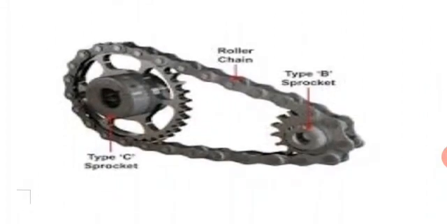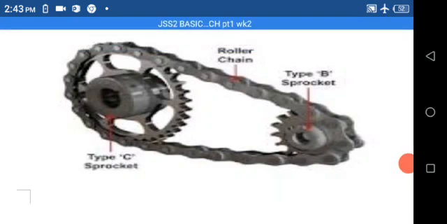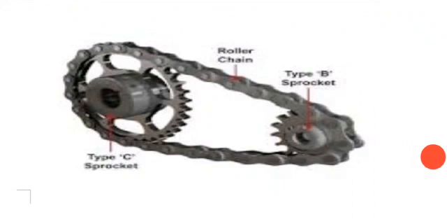The driven sprocket is the sprocket that is connected to the load side of the machine, and when the driver sprocket starts moving the driven sprocket, the driven sprocket will now start doing the work we want it to be doing, and that is how it works.